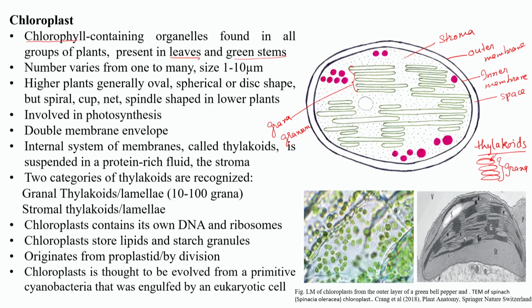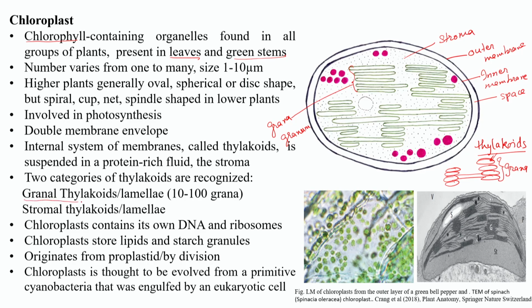We can also see that these grana are interconnected among themselves, again with a membranous structure. The composition is almost similar because it is a membranous structure. Now on that basis, we can differentiate two types of thylakoid.